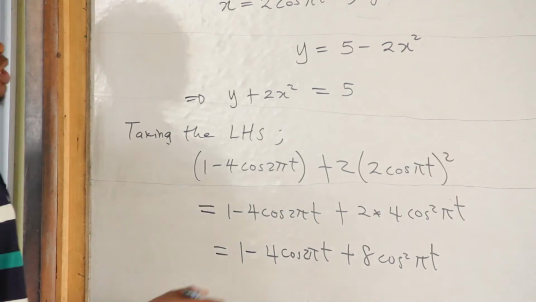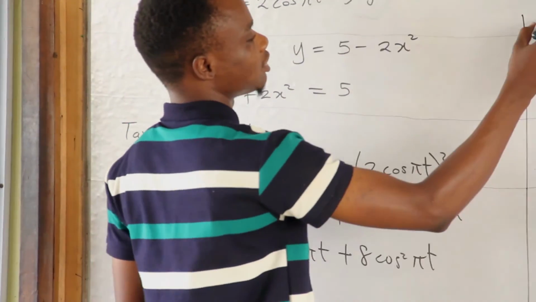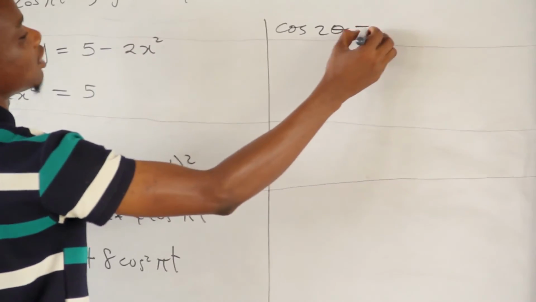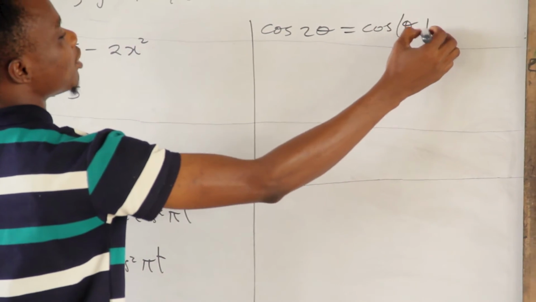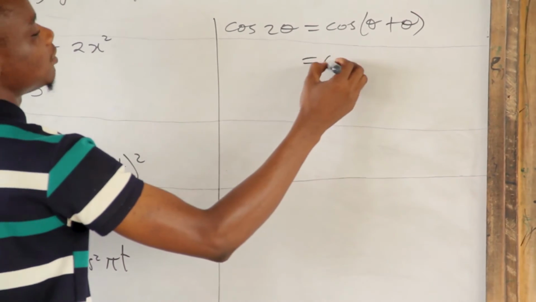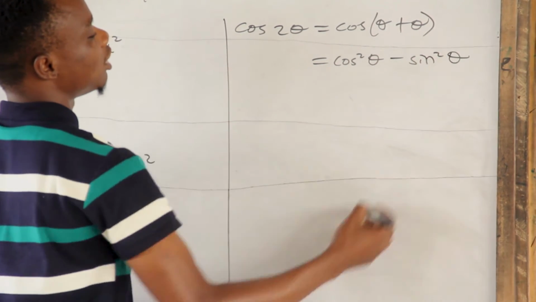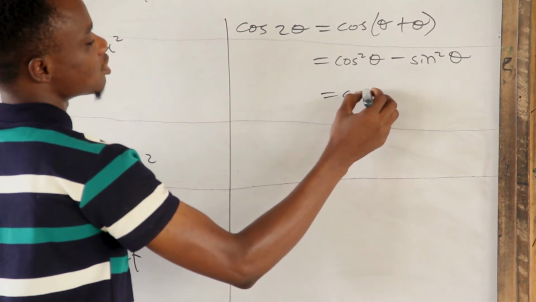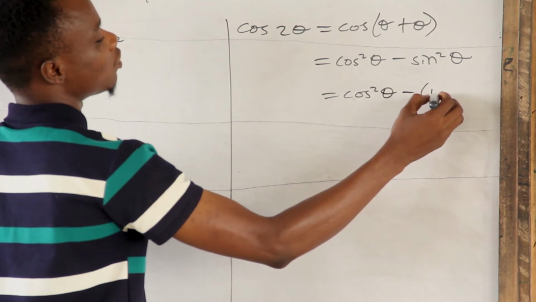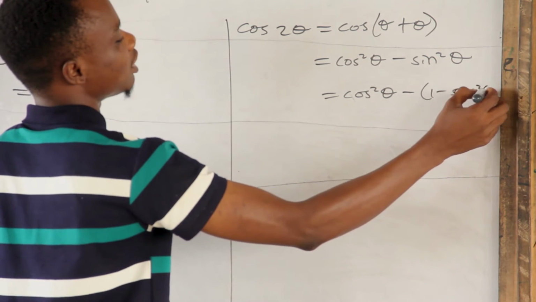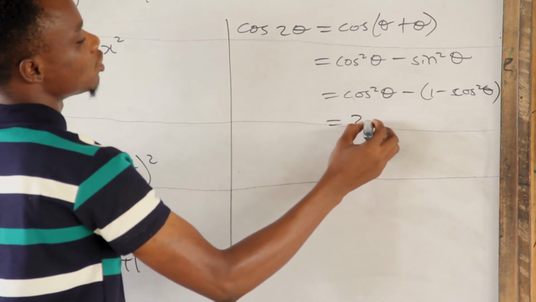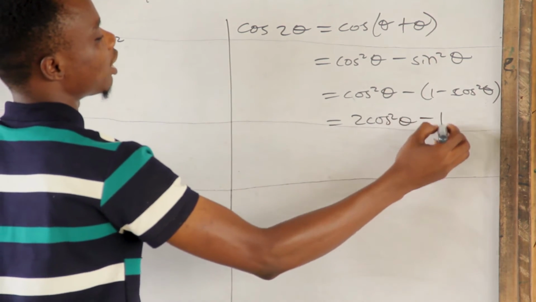Don't forget that cos 2 theta is the same thing as cos of theta plus theta, which is the same thing as cos squared theta minus sin squared theta, which you can write as cos squared theta minus 1 minus cos squared theta. This is going to be 2 cos squared theta minus 1.